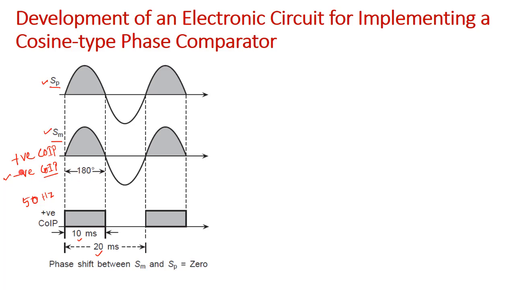Here we are only concerned with the positive coincidence period. If there is no phase difference between SP and SM, then the positive coincidence period will be 10 millisecond. If there is some phase difference, then it will vary accordingly.